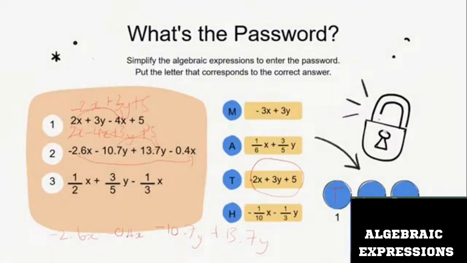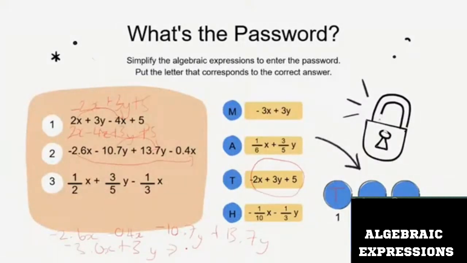Minus 2.6 minus 0.4 is the same as saying 2.6 plus 0.4, and then you maintain this negative sign, so it will be minus 3.0x. Then minus 10.7y plus 13.7y is the same as saying 13.7 minus 10.7, which is 3y positive.